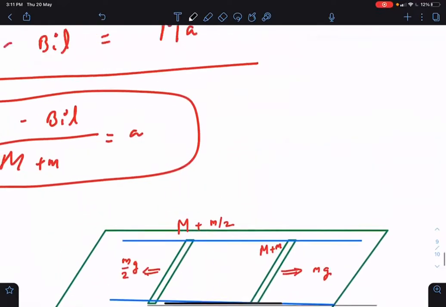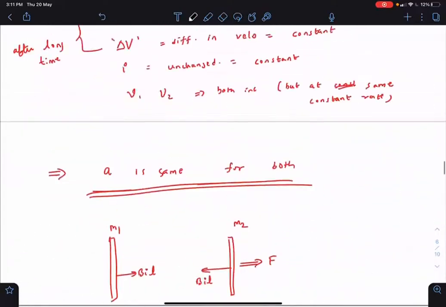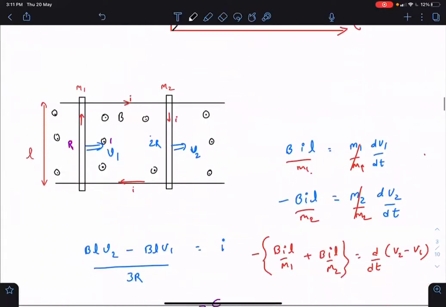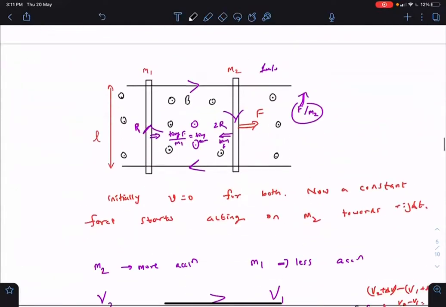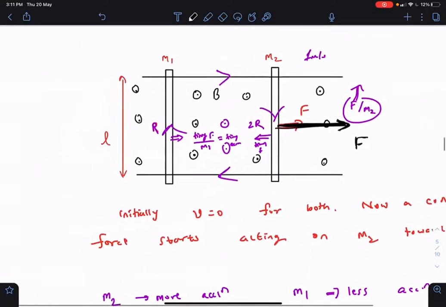Now we have already done a case in which there was force on one of them. Here, we have already done a case in which one force was there, F. Now the only difference here is that instead of one force F, there is another force also.